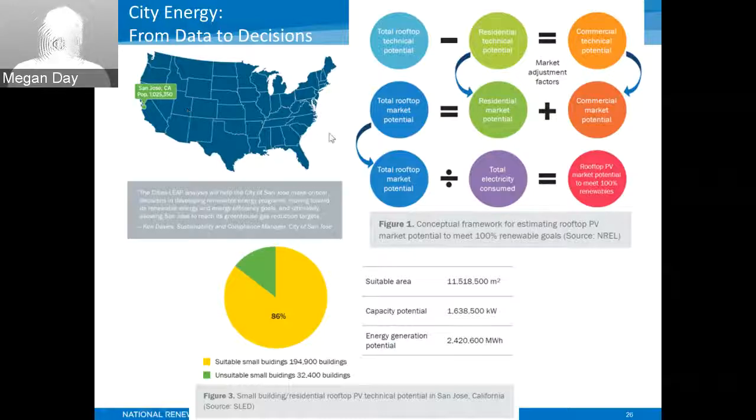And we've found that an increasing number of U.S. cities are setting 100% renewable electricity goals, including several of the 10 that we worked with for this data to decision making. So that was one of their energy challenges that they were trying to figure out. And so we included this conceptual framework to help estimate the market potential, because technical potential tends to be very high and unrealistic. So how do you understand a better market potential to set more realistic goals?